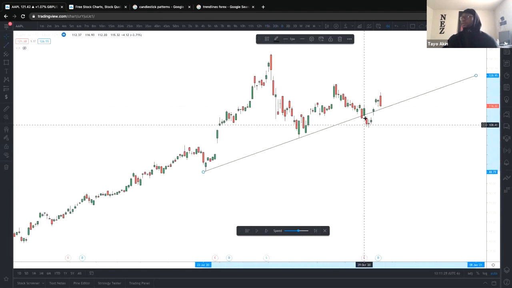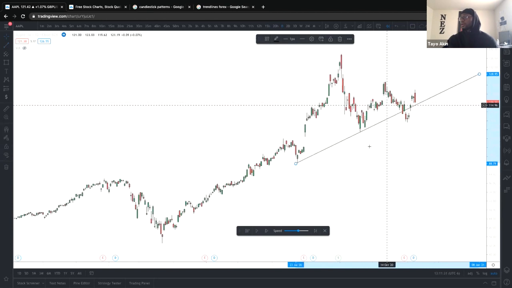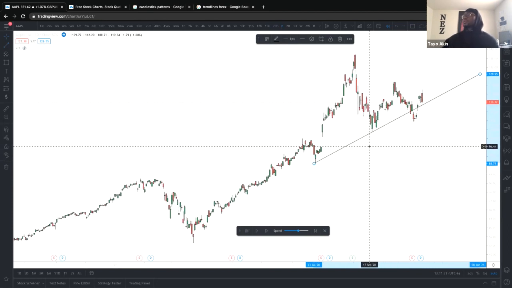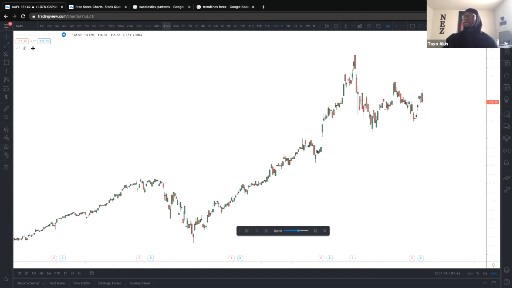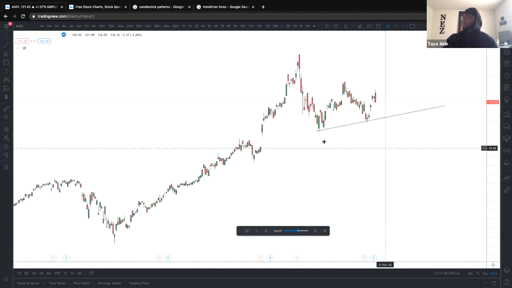You can see the price did come down a little, but it went back up. But there's something a little off for me that I'd rather use. Once price breaks through the trend line, I adjust it again. So what I would do here is delete this trend line, readjust it, and add it over here.